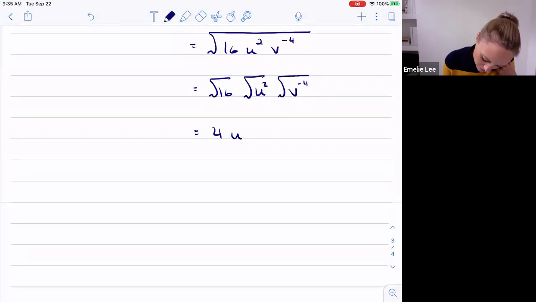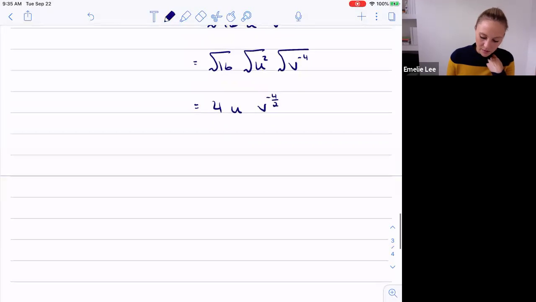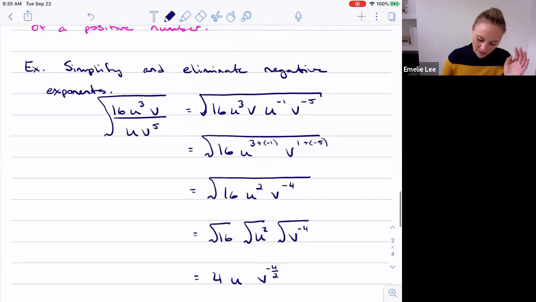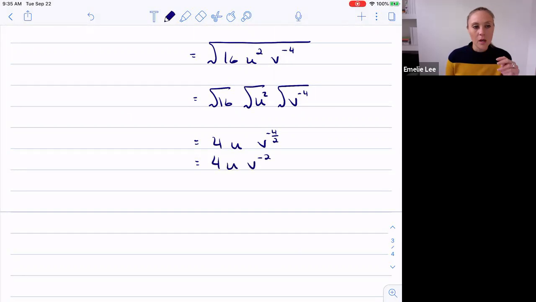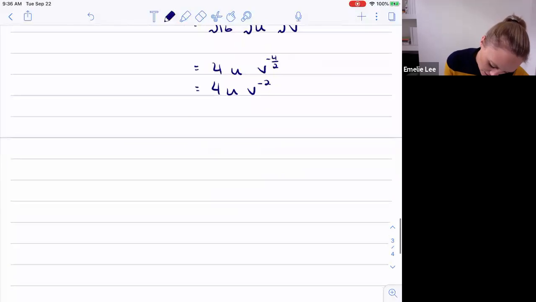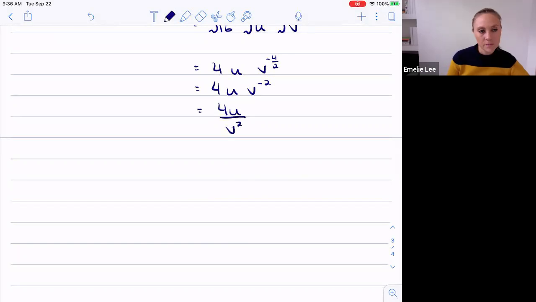So that one maybe I will write out v to the -4 divided by 2. Well, that's going to be v to the -2, right? But I wanted to eliminate negative exponents, right? So here I am. I've got 4u v to the -2, but to eliminate that negative exponent, I'm going to have to put the v squared down in the denominator. So I've got 4u over v squared.